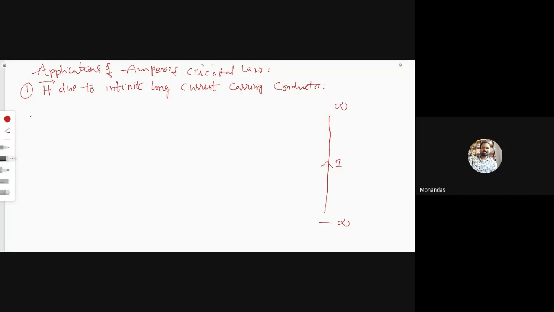What is the first step we should follow? Just now we have discussed. The first one is that you should select a suitable Amperian path.